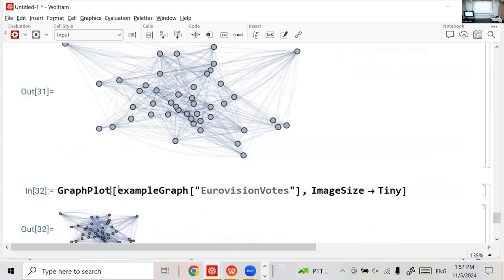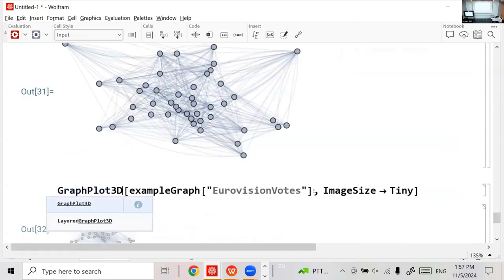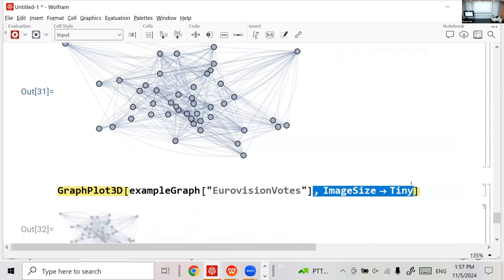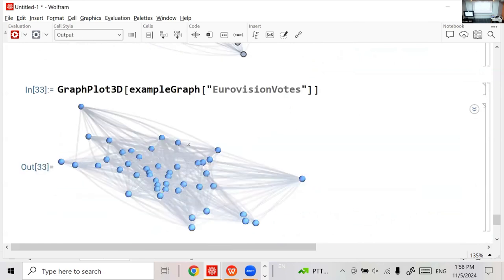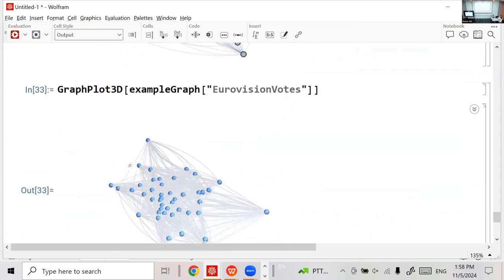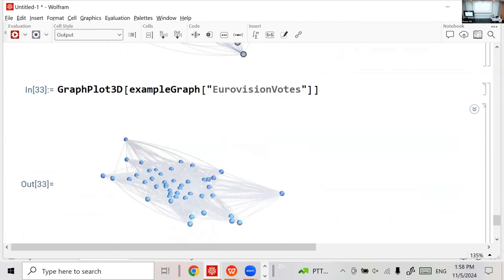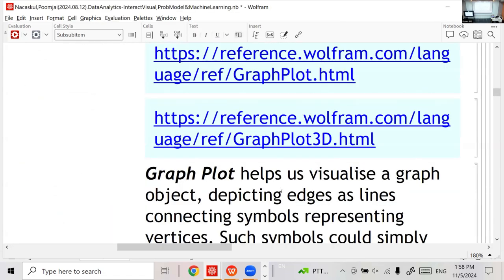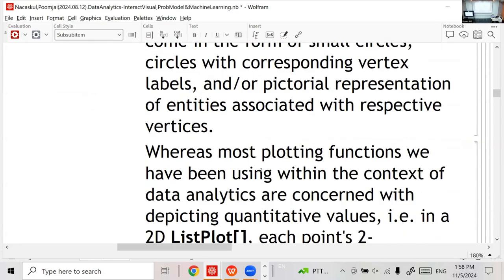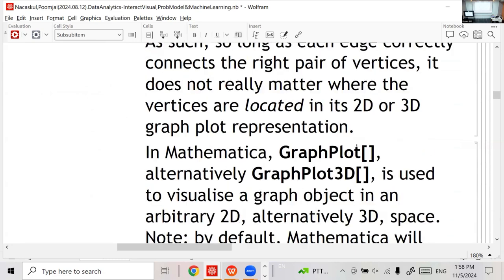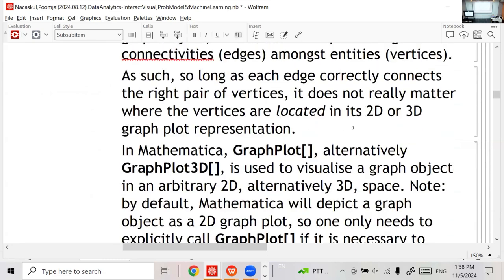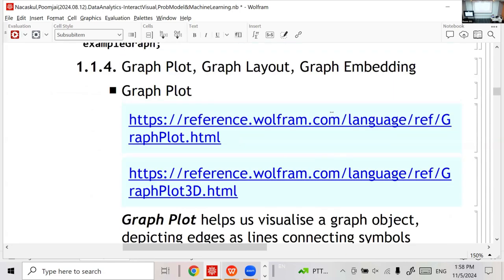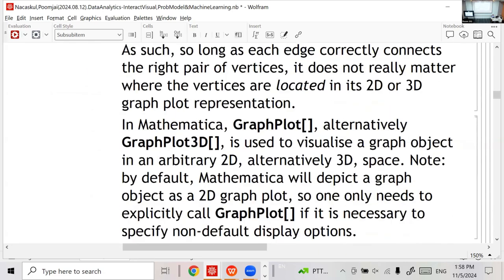Let's say 3D. Take the 3D graph. This one is not that interesting because there's no hierarchical structure, so it's kind of a flat thing. So read this, graph plot.